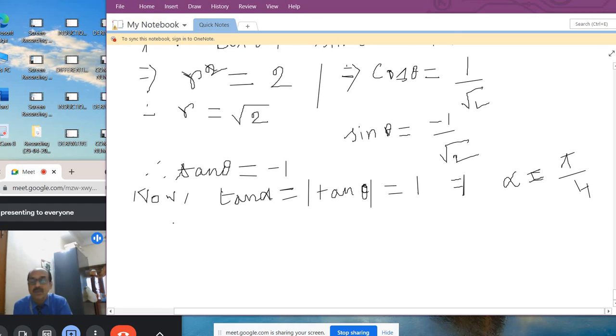Since theta lies in the fourth quadrant, theta is equal to minus alpha.